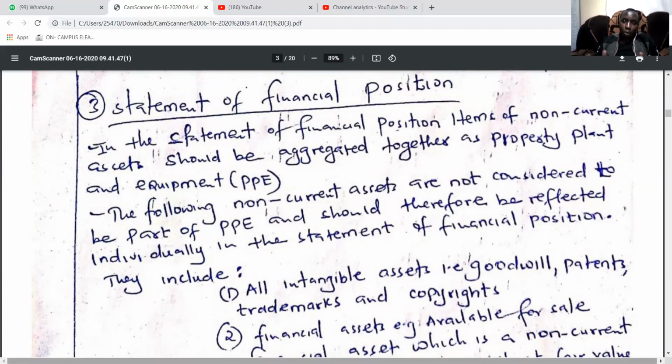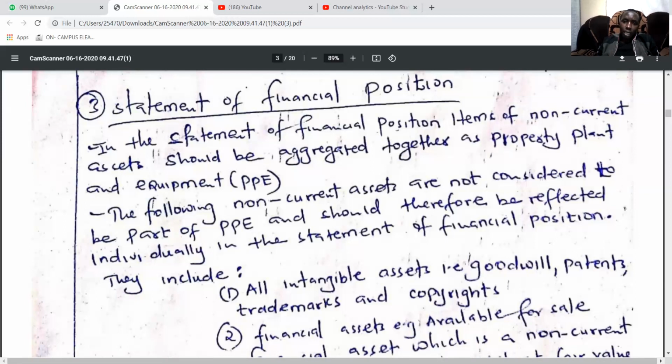So the tangible non-current assets. Examples are land and building, plant and equipment, and things like furniture and fitting. So the tangible ones, of which I say we have others which are supposed to be shown independently. That is what our second sentence is talking about.